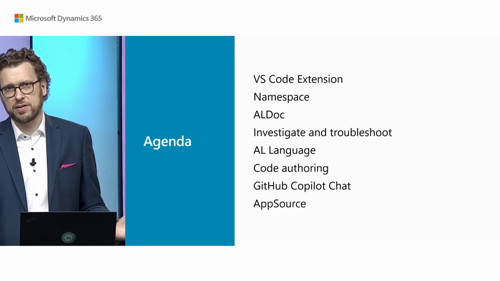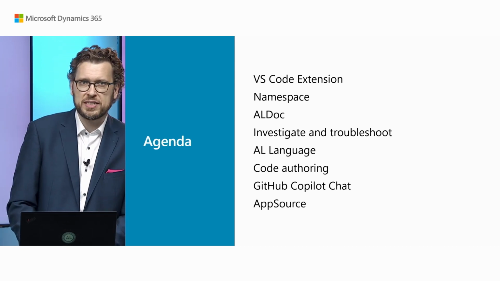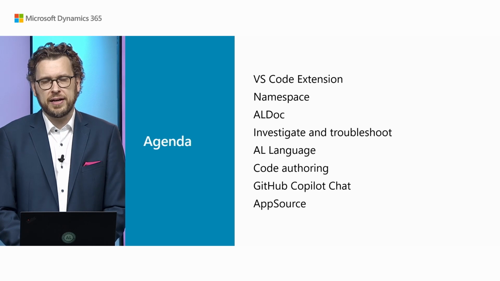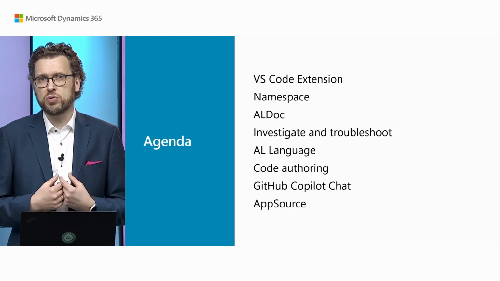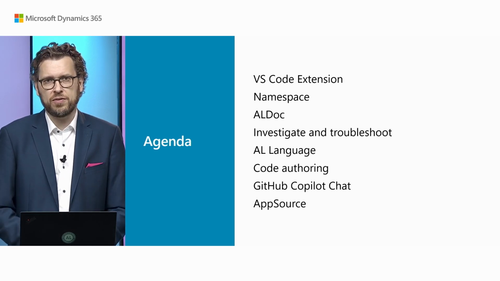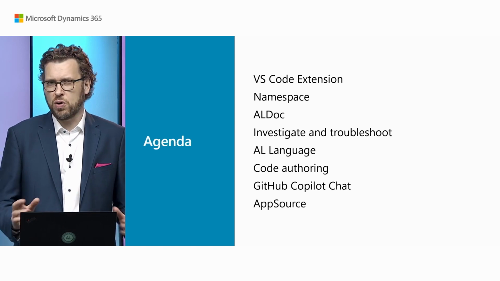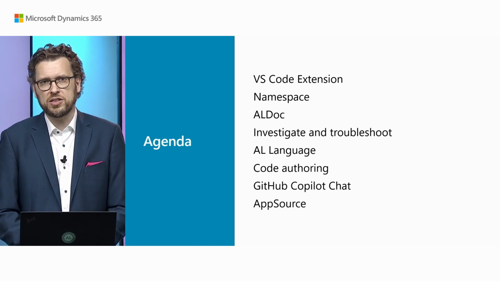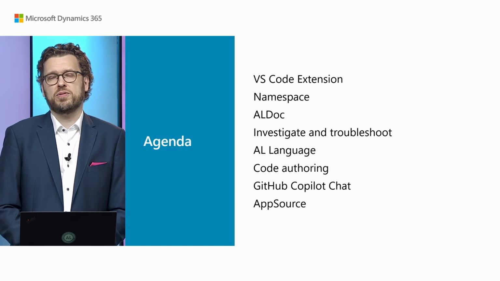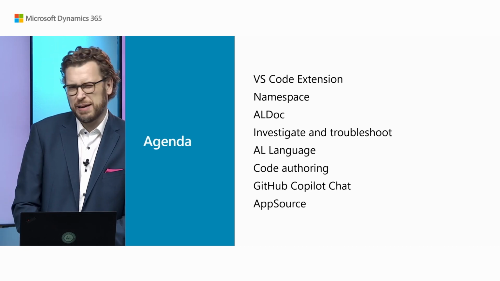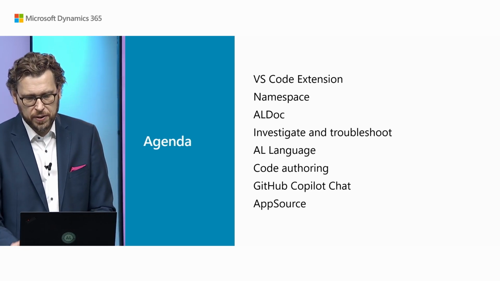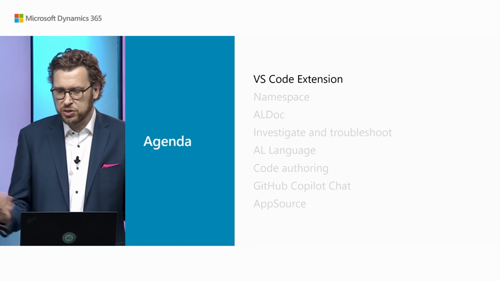Then I'll talk about investments we've done to investigate and troubleshoot. And then we'll hear about improvements for the AL language and for code authoring. I'll do a small intro to GitHub Copilot chat and end off with an update on AppSource and AppSource Transact, really. But maybe we should start with Steffen.